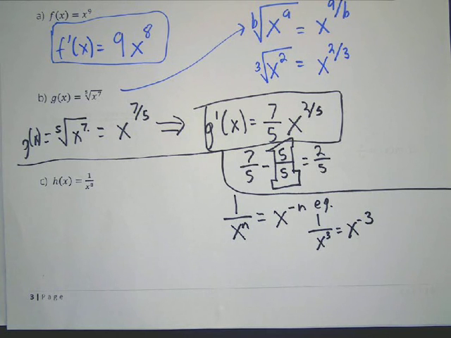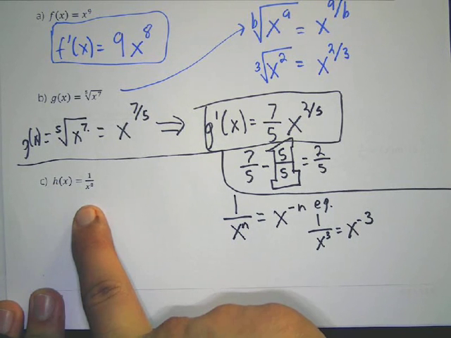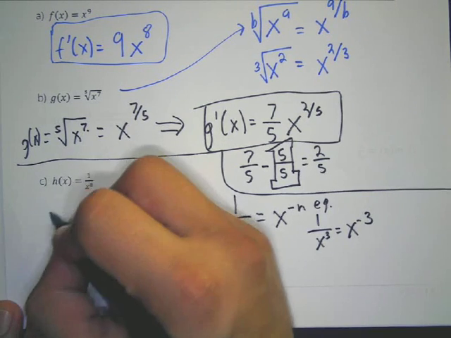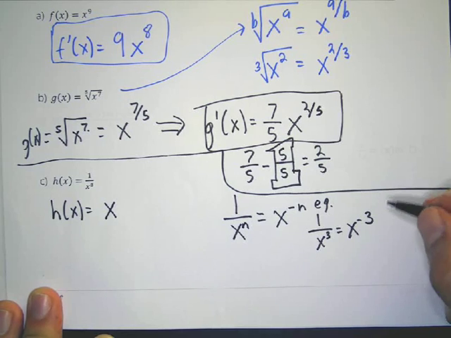And so we're going to rewrite this h of x, 1 over x to the 8th power. We're going to rewrite it as x to the what? Negative 8 power. Good.